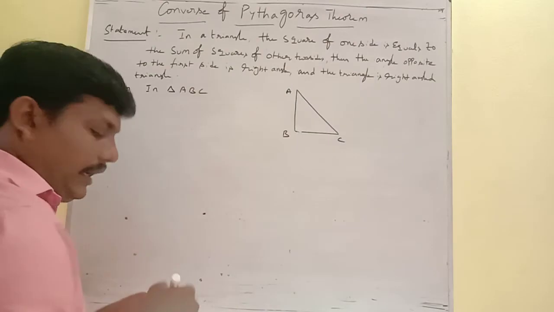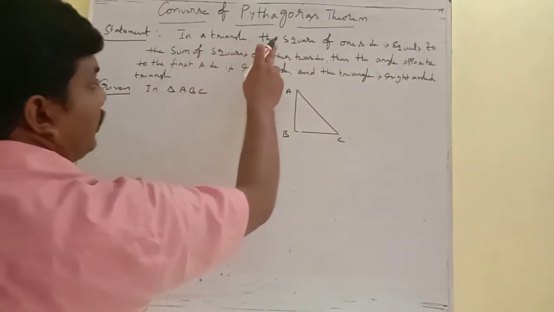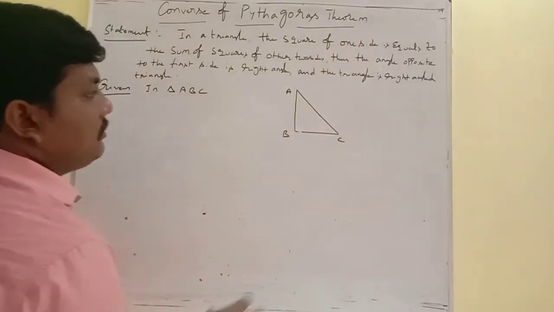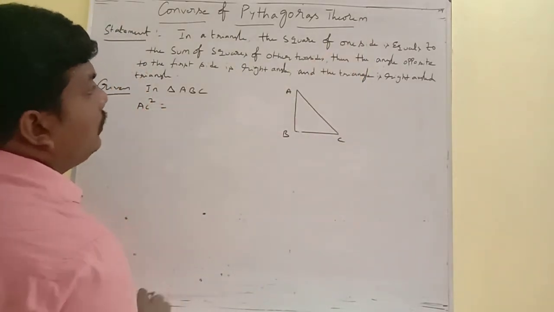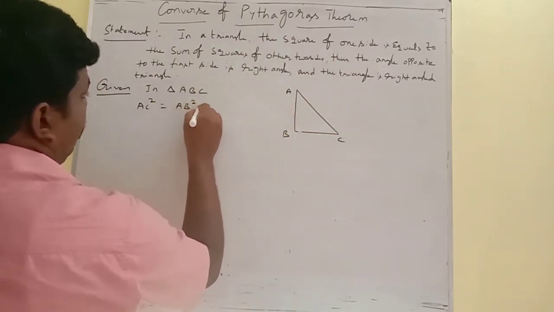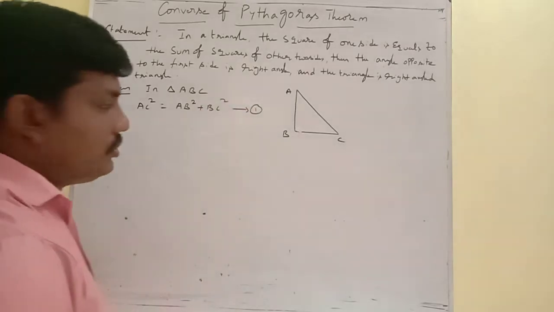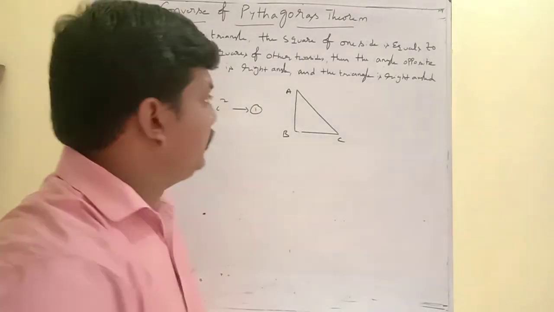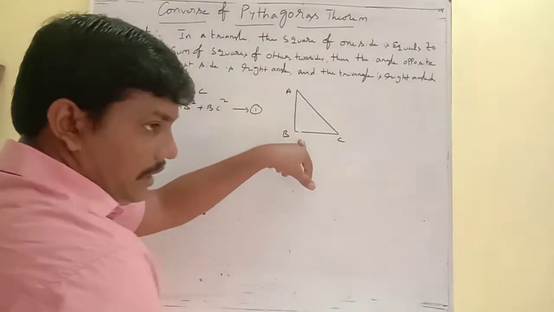So this is just a triangle ABC. In this triangle ABC, the given is that the square of one side, AC square, is equal to the sum of the squares of the other two sides, AB square plus BC square. So this equation is given. By the statement, we have to prove that angle B is 90 degrees.